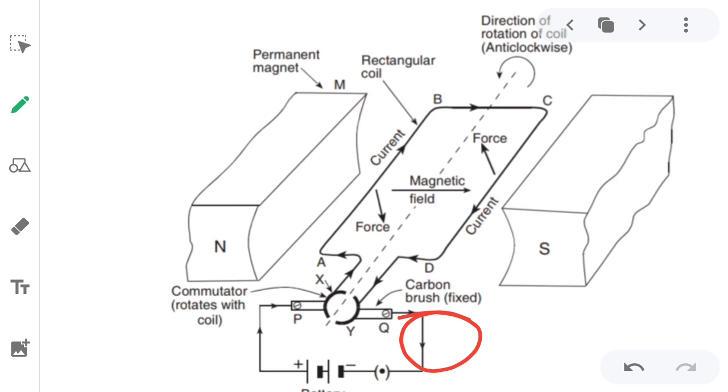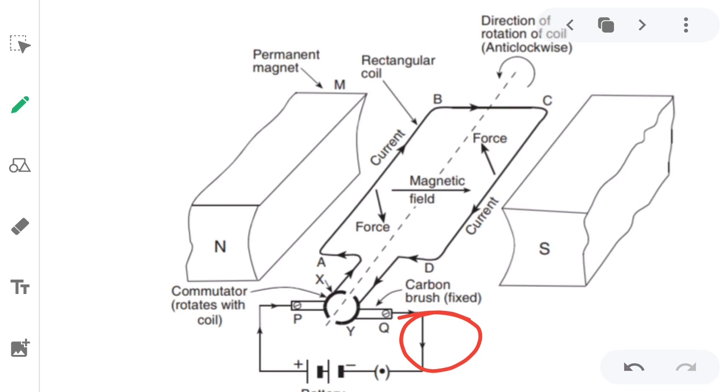It keeps the commutator in contact with the armature, but it doesn't rotate with the commutator, so that the wire does not get twisted, and the functioning of the motor happens without any obstruction. If the wire gets twisted, then the wire will get damaged very soon.